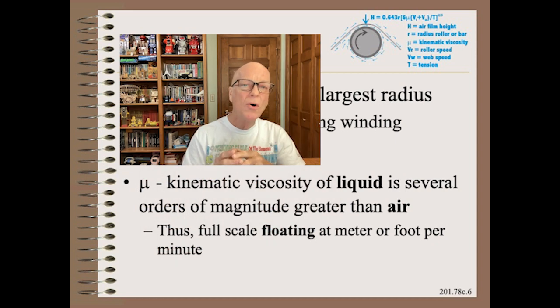A side note is that this equation applies to fluids, and that includes liquids. Since the kinematic viscosity of a liquid is several orders of magnitude higher than air, you can expect full floating, perhaps before you even reach 1 meter or 1 foot per minute.